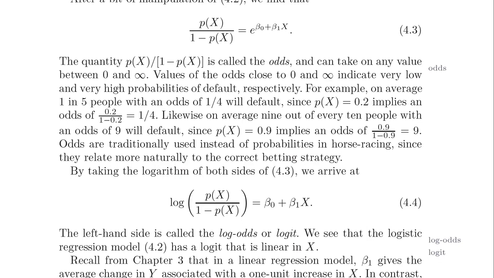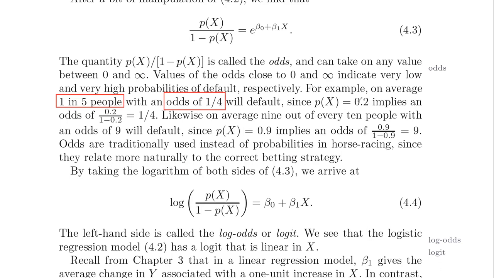For example, on average, if the odds are 1 to 4, that means that 1 in 5 people will default. Let's see why. It makes sense, right? The 5 is just 1 plus 4, but let's see how the book is doing it.